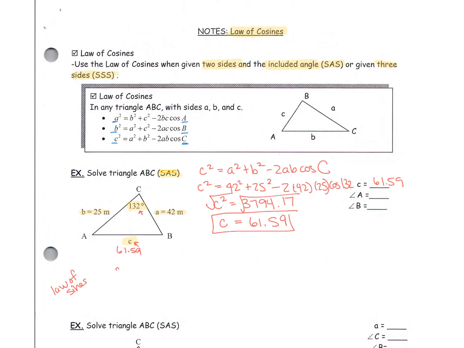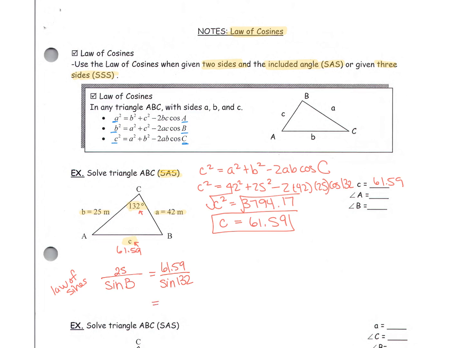So side B is 25. I'm going to put that over sine of capital B. That's my variable right there, you guys. I'm going to be solving for that: capital B equals 61.59, which I just found, over sine of that 132. As far as the algebra goes, I normally just do it all in one step.